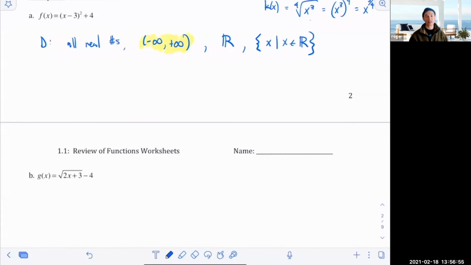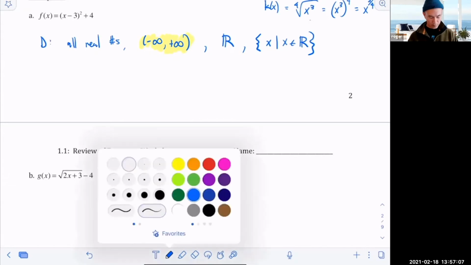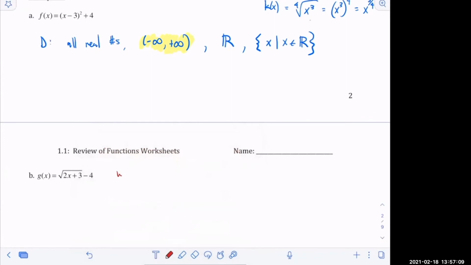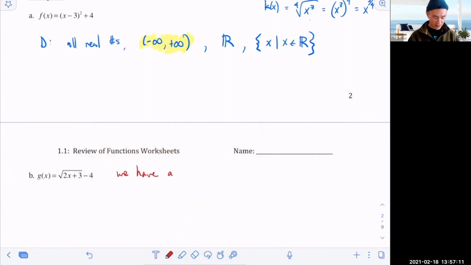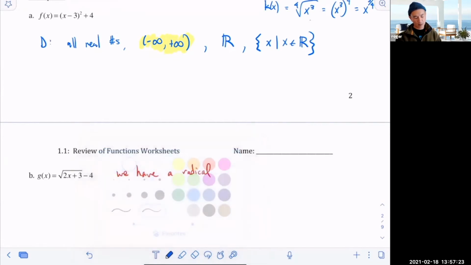What do you guys think about B? What do you notice? There's a radical sign. We have a radical. So I think when we have a radical, we want to make sure that we don't end up with negatives under the radical, right?